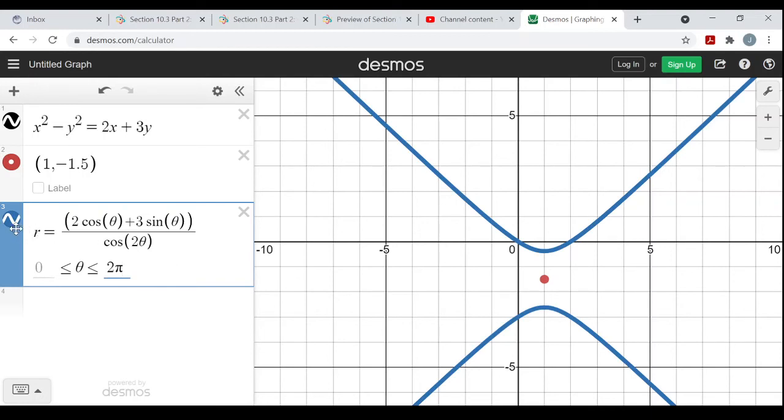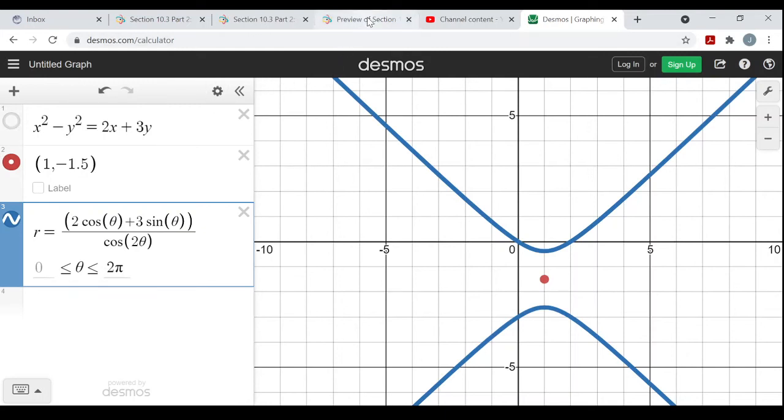And look at this. Let me turn this off for a second. Right here was the graph, the black graph in rectangular coordinates. See, when I changed it to polar coordinates, when it's graphed in polar coordinates, it's right on top of it. It's the exact same curve. All right, I'll turn this one off, and you can see it's still there, that hyperbola. So that's it.